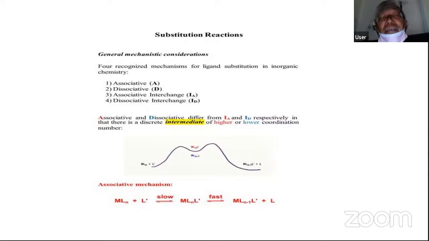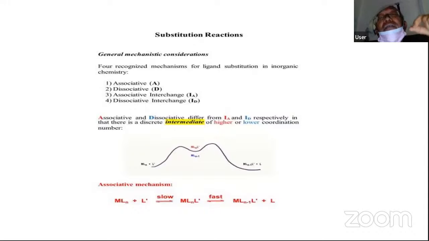Somebody say, yes, substitution is a mechanism. Of course, you can say that. But the question is, substitution will tell you the type of reaction, but doesn't tell you how. How does it happen? Okay. So you can think of possible ways this thing can happen.